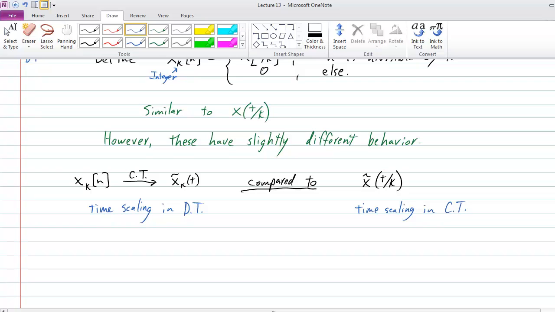It's 1. The integral is just going to be plugging in t equals 0. That's just 1. However, we have this 1 over T up front from that scaling, for all k. It's constant.